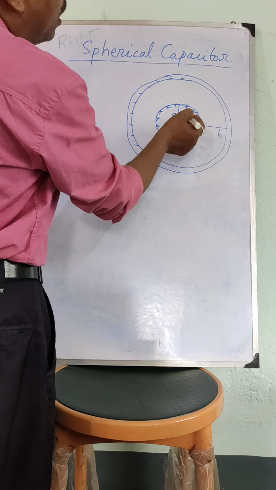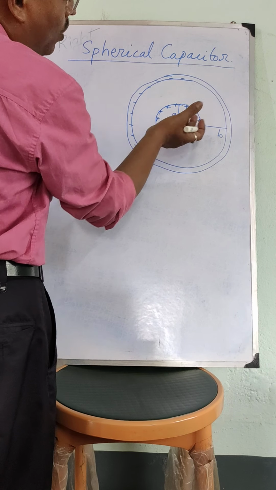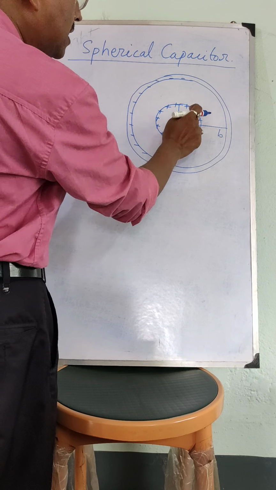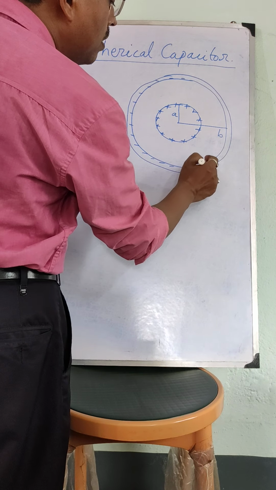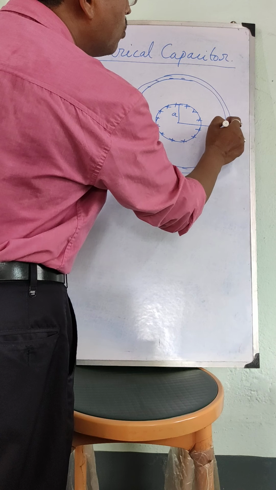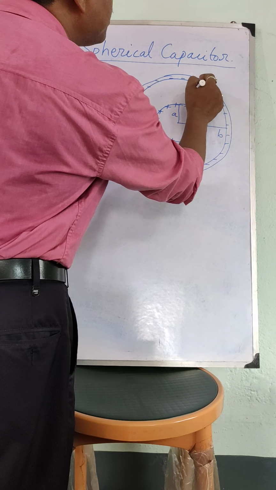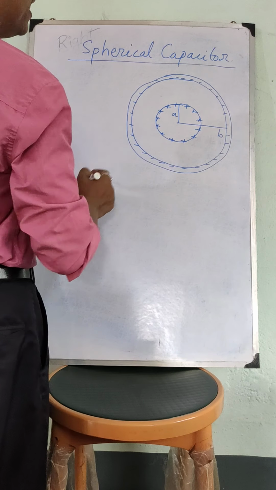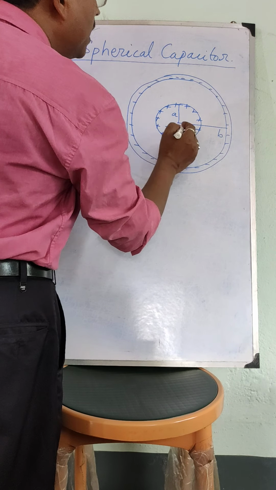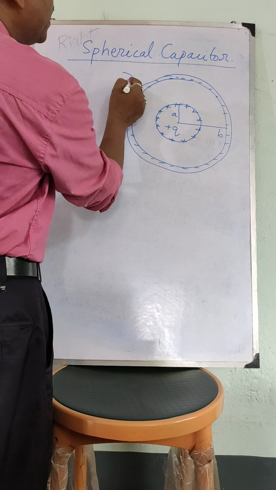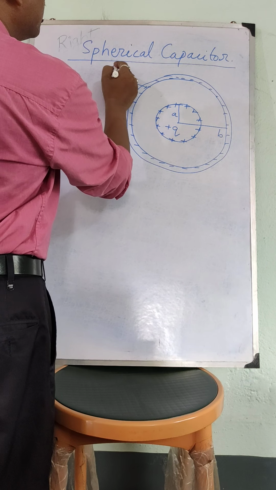We can calculate the capacitance by putting negative charge here and positive charge here also. The answer will be same, because capacitance depends on the geometrical factors of the capacitor conductors. Okay. So here we are putting suppose plus Q charge, and here we are putting minus Q charge.